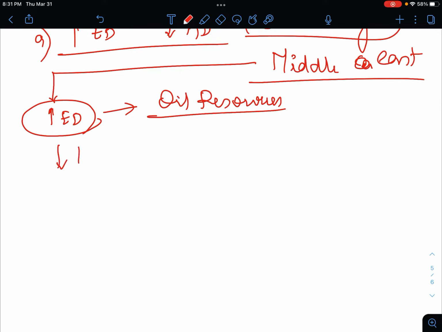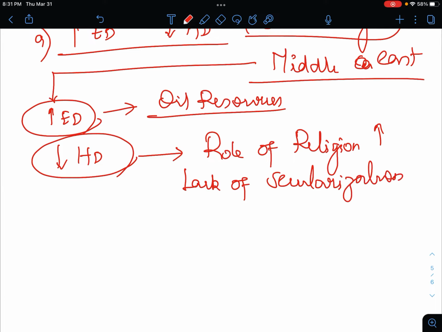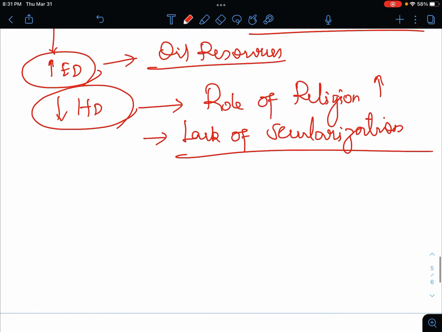Okay, but the low human development, why? It is because of the role of religion in public affairs. The role of religion in public affairs is still high. That is, you can say, lack of secularization. That is, the impact of religion in public affairs has not come down, which impacts the participation of women in economy.